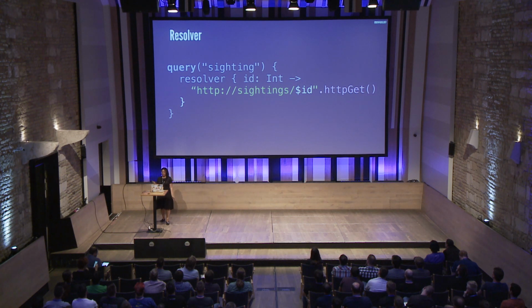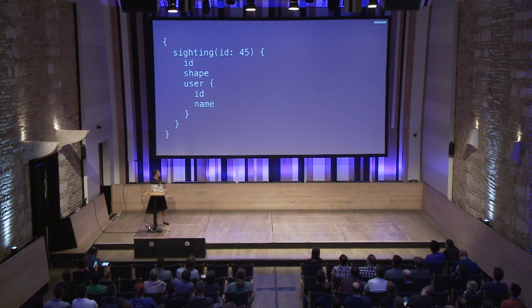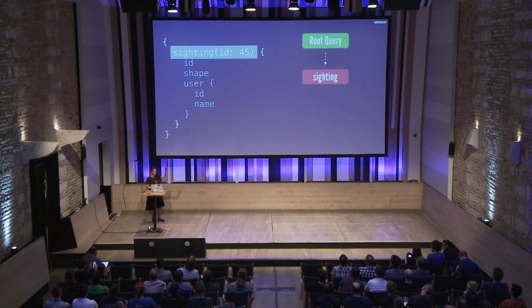So that's really nice. Now, when GraphQL gets a query, it's going to go through and run the resolver for each field. So in this example, I say I want a UFO citing with an ID of 45. I want the ID, the shape, but I also want some information about the user who reported this citing. So it'll start at that root query that we saw before, and it'll say, okay, I see citing.